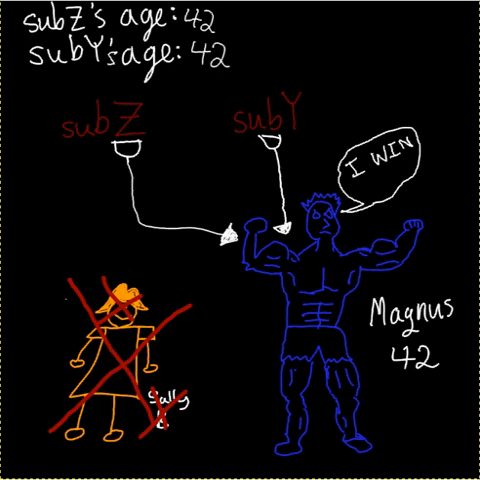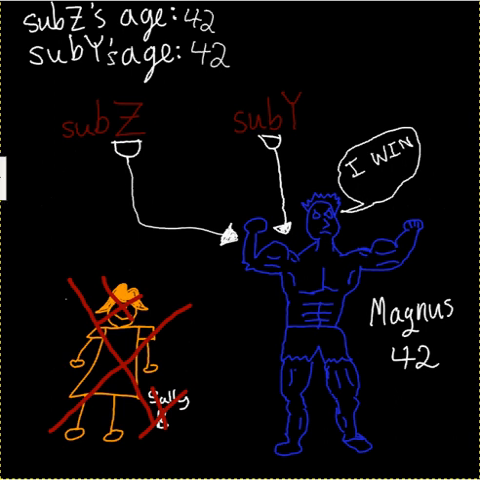We actually lose Sally, and Sally is deleted from the computer once the computer realizes there's no variables connected to it. A garbage collector basically says, okay, nobody's going to be able to access this information in the computer's memory anymore, so just delete it. And they do delete it. So, at the end of the day, Magnus is victorious.